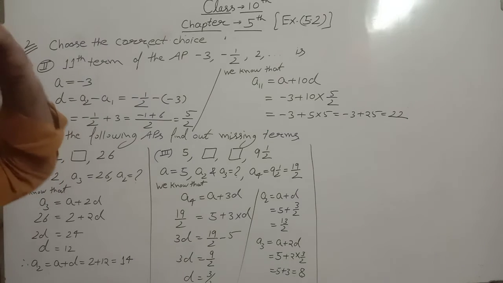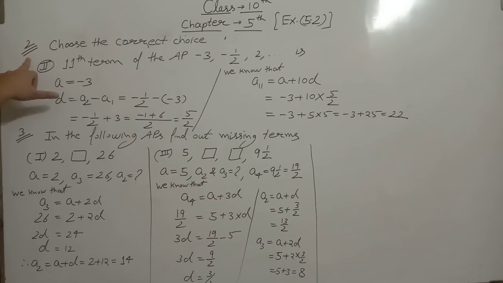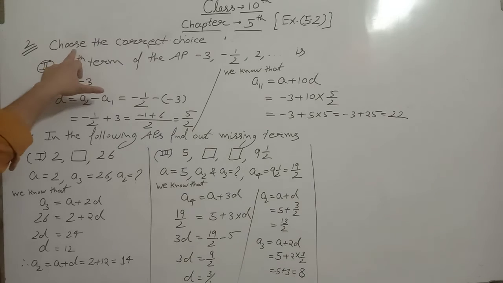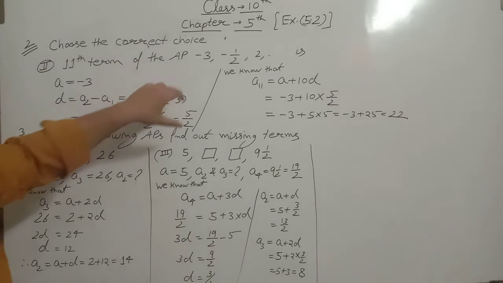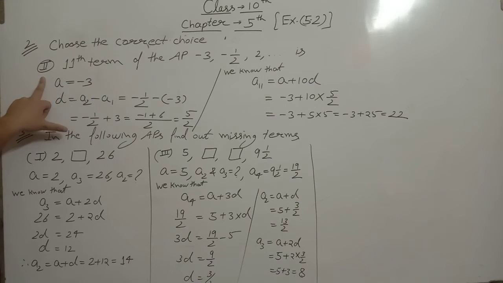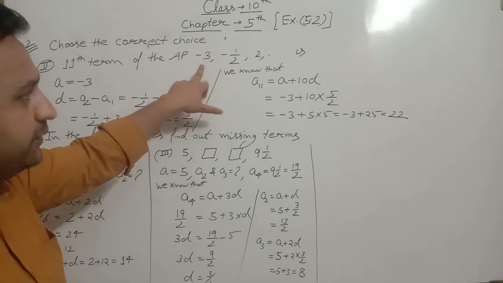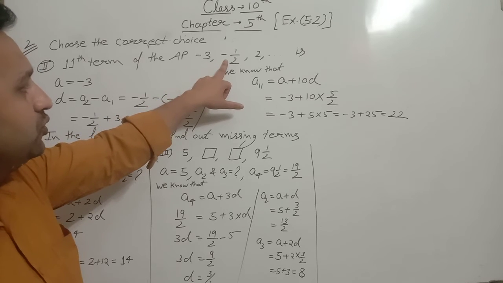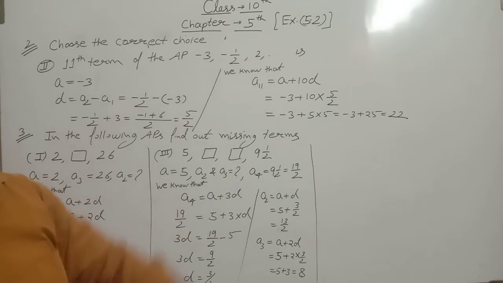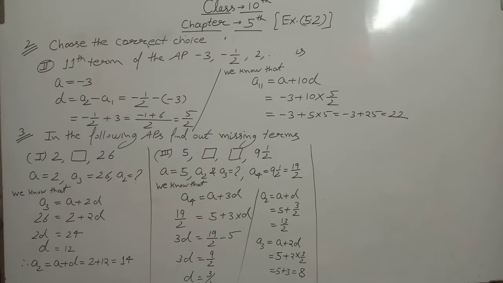Okay, students. Now we have to do question number 2. Choose the correct choice. Second part, 11th term of the AP. AP is given: minus 3, minus 1 by 2, 2, and so on. And we have to find out the 11th term.